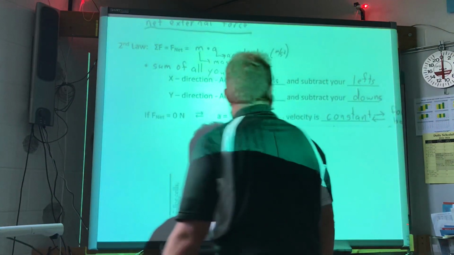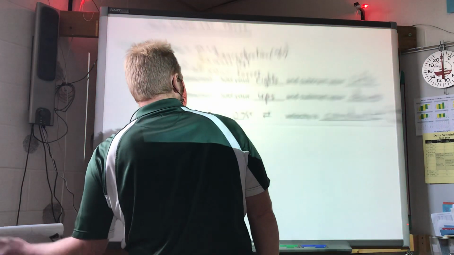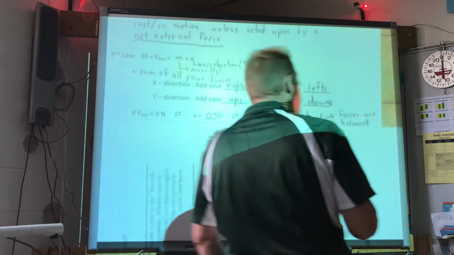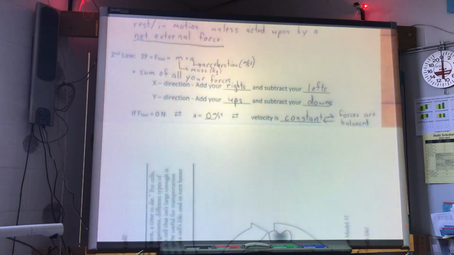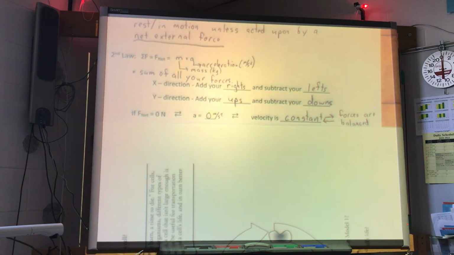So there's a string of statements where if one of these statements is true, all of the statements in this line are true. And I'd like you to add one to it that I forgot to do when I was typing this up. On the left-hand side, it says F net is equal to 0.